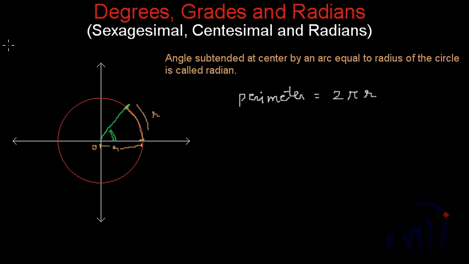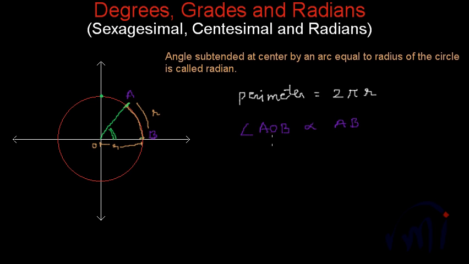If I call this arc AB, the angle AOB is directly proportional to the length of the arc AB. From here we can say that angle AOB will be equal to K times R. Why R? Because the length of arc AB is equal to the radius of the circle, right? Let me call it equation number 1.